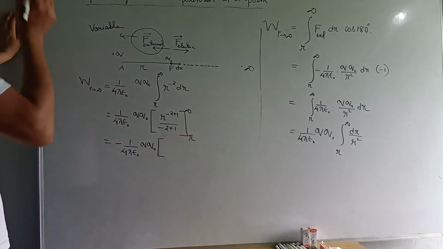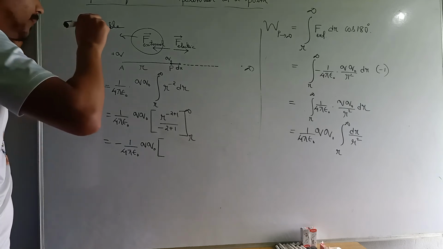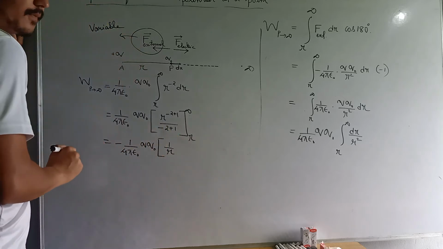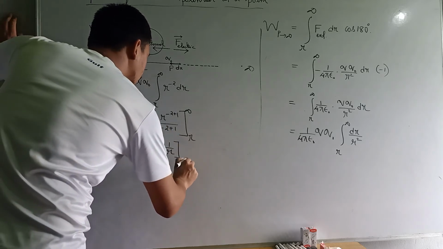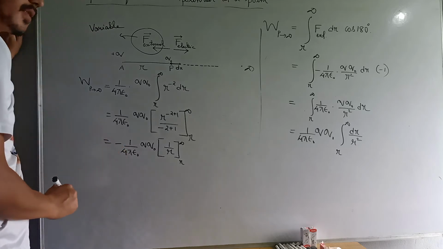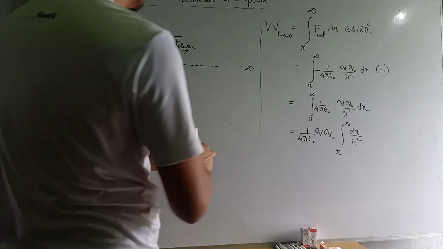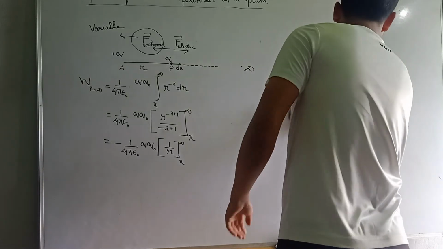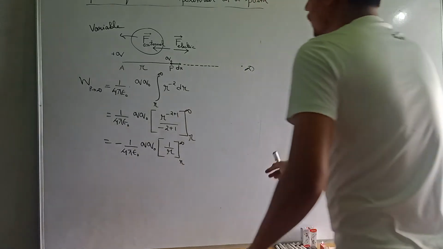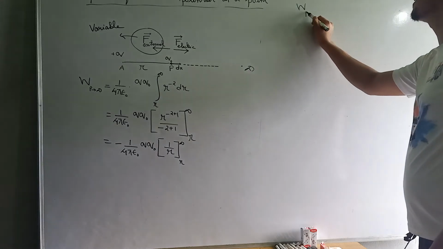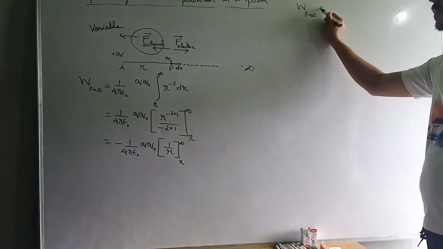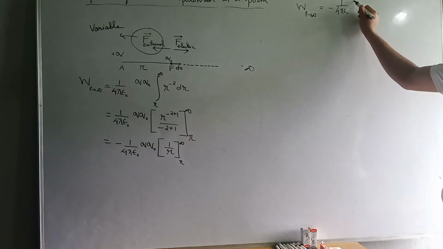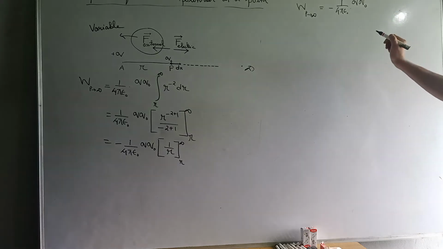R to the power -2 plus 1 will be r to the power -1. R to the power -1 means 1 by r. You are taking it from r to infinity. Is it okay? Yes. Now, proceeding with the integration, W from P to infinity will be -1 by 4 pi epsilon naught into q naught, right?